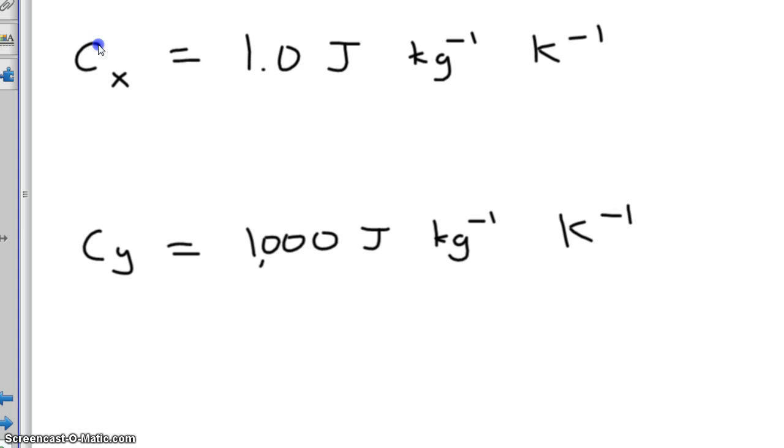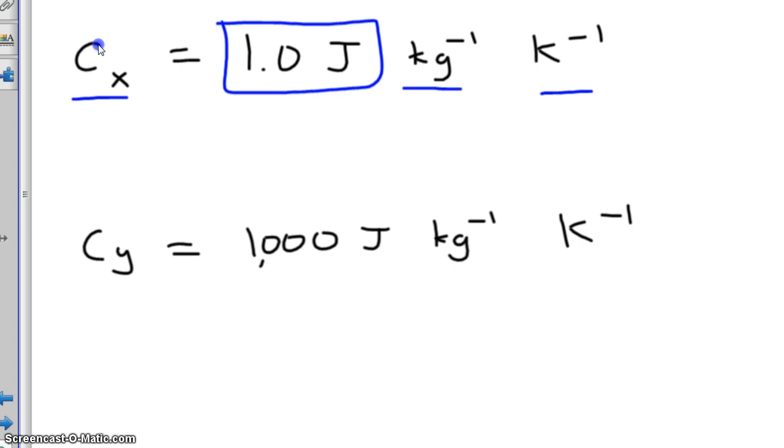Let's look at two extremes. How much heat does it take to raise 1 kilogram of substance X by 1 Kelvin? How much thermal energy is needed?